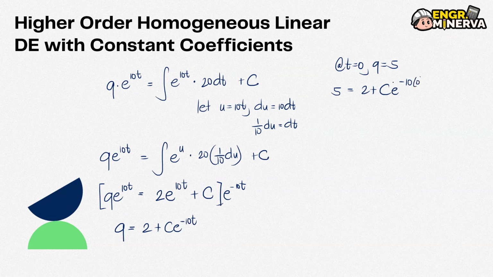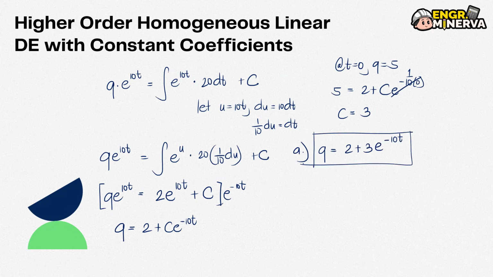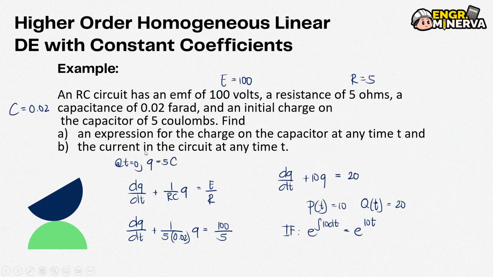So this is 1. So c is 3. If c is 3, it means our answer for A, that would be q equals 2 plus 3 e raised to negative 10t. That is our answer for letter A. That is the expression of the charge at any time.